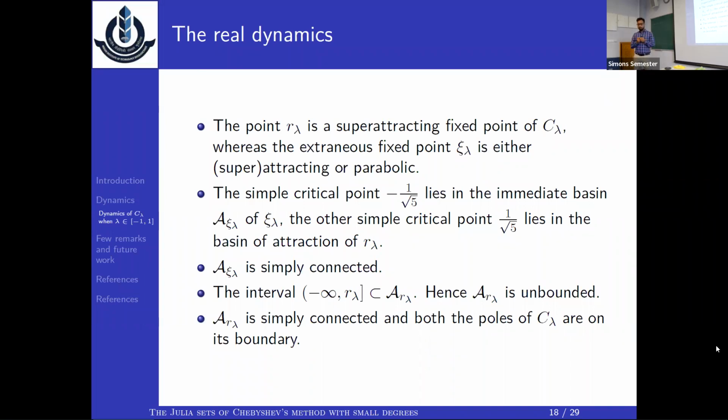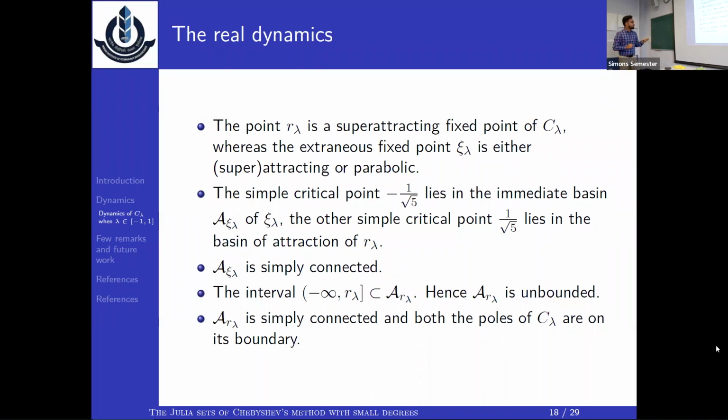There are two critical points on the real axis, plus 1 by root 5 and minus 1 by root 5, and we can prove that minus 1 by root 5 will be lying in the basin of attraction, in fact, in the immediate basin of xi lambda. The critical point 1 by root 5 will be lying in the basin of attraction, not in the immediate basin of r lambda.